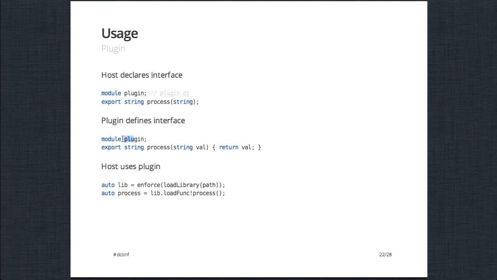In each shared library, you have the same module with the same names, and therefore the host knows in advance where to load the functions and where to get the interface. This is actually very similar to how you would do it in C, where you have predefined function names for all these interfaces. So in a certain way it resembles the same thing.